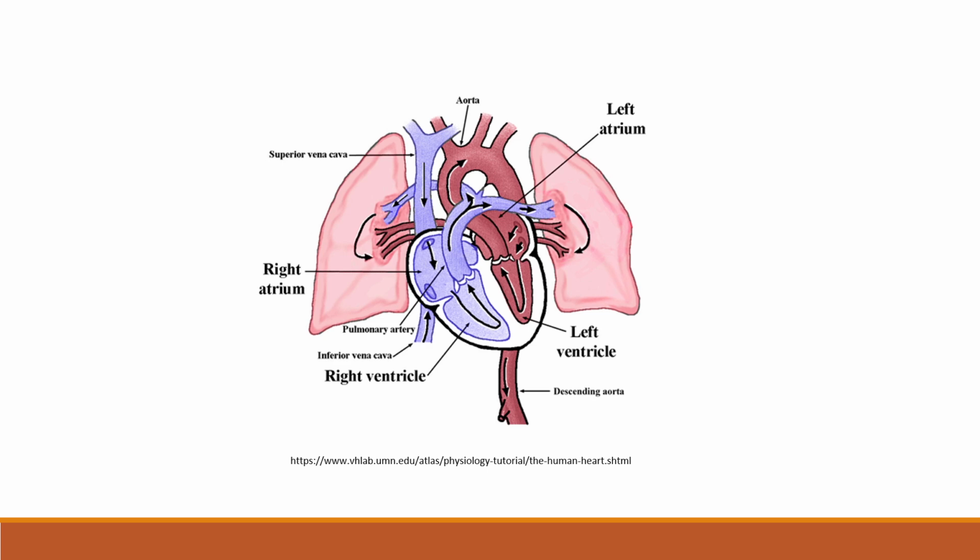Why does finding RBBB combined with shortness of breath suggest a pulmonary embolism? You can understand it from the anatomy. The right ventricle supplies the blood to the lung, right? So when there's an embolism, let's say like this, it's going to block the way from the right ventricle to the lung, causing the blood to back up or get stuck here.